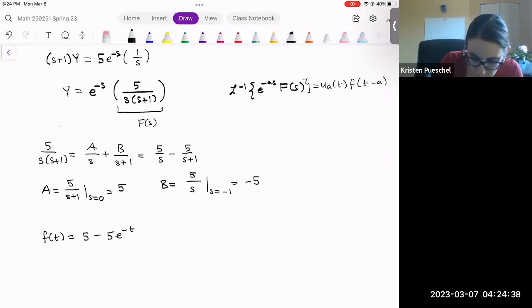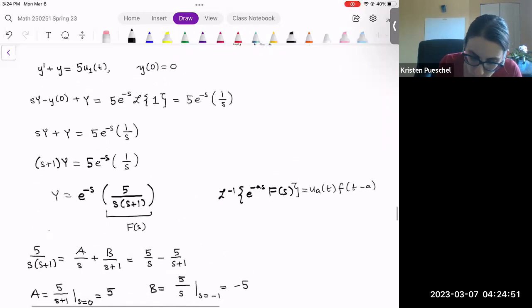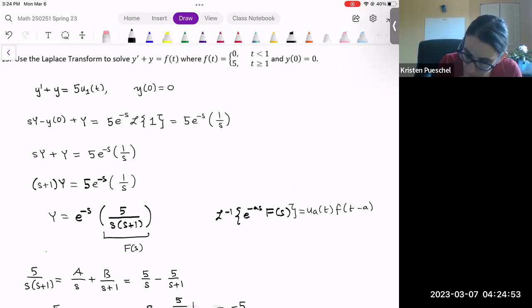All right, and so we're about ready to write down our solution. The function y of t is going to be equal to the shift of our function. We see that this shift from this exponential, here we have this negative as, so a here is equal to 1.